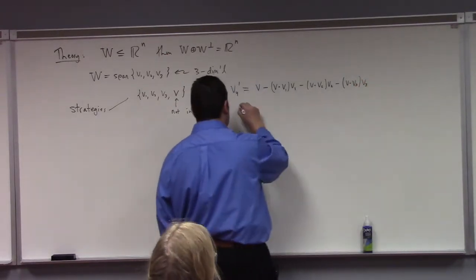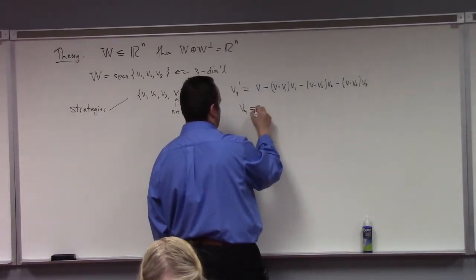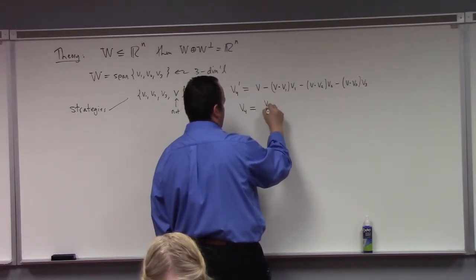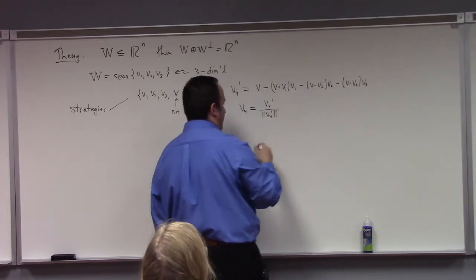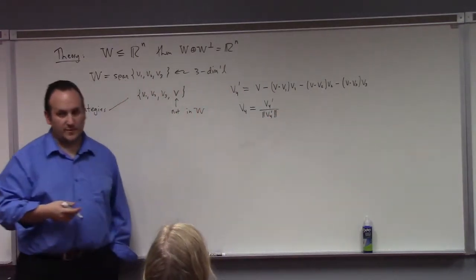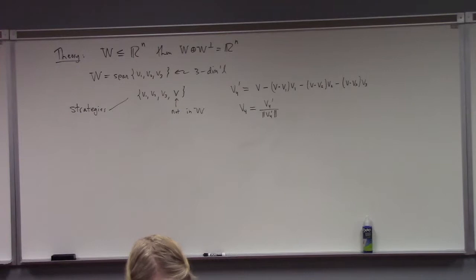And then I'd make V4 be V4 prime divided by the length of V4 prime. That would give me the fourth thing I need to make beta an orthonormal basis. That's one way you could do this. But what's the starting point? You've got to figure out some V.